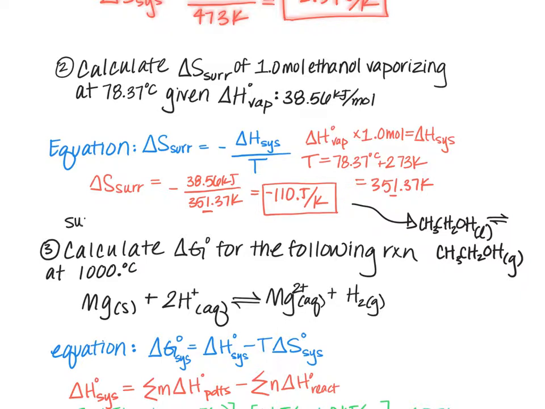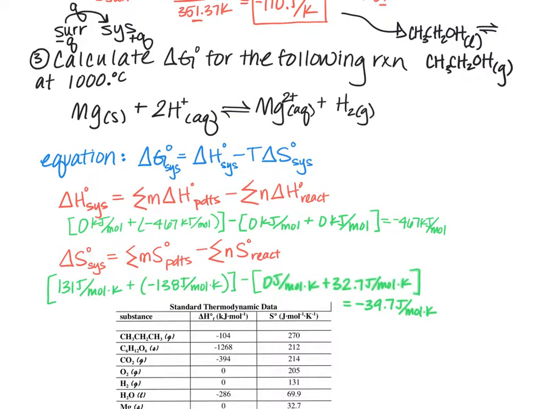So if this is the surroundings and this is the system, Q is being transferred from the surroundings to the system. So essentially the system has a positive Q and the surroundings has a negative Q, which would make delta S of the surroundings negative. Your entropy of the surroundings would decrease. So you always want to make sure that conceptually it makes sense.